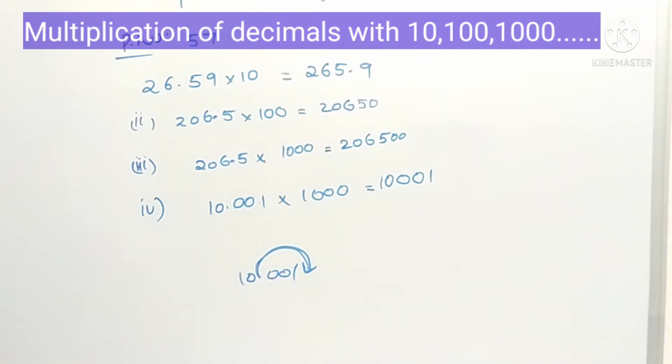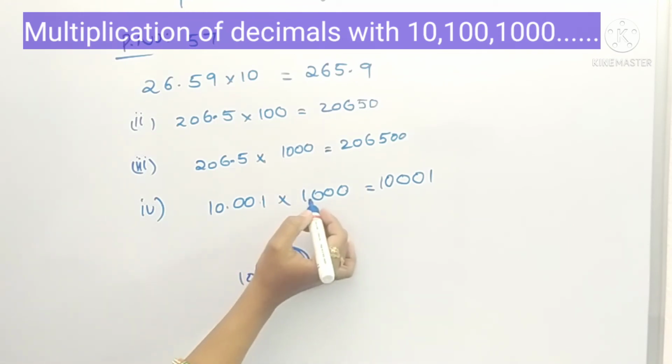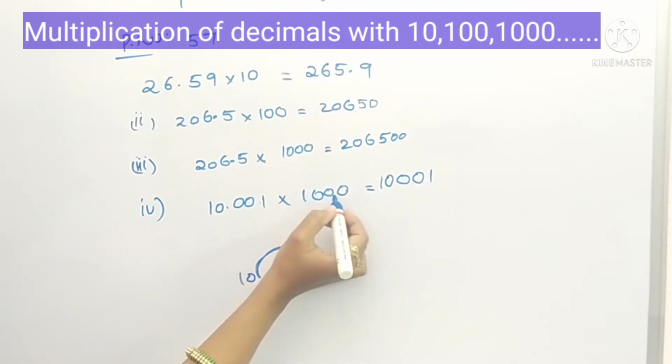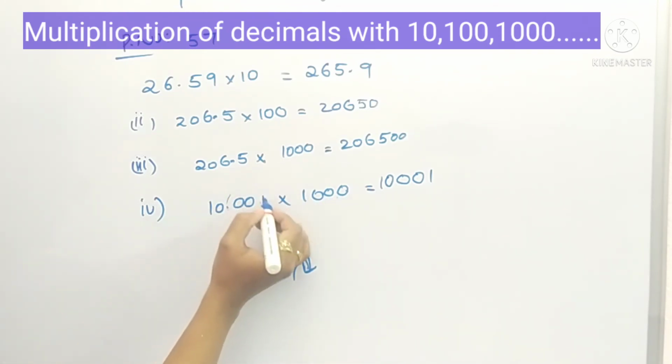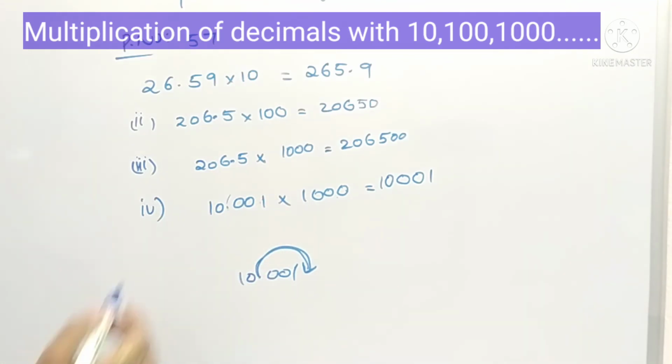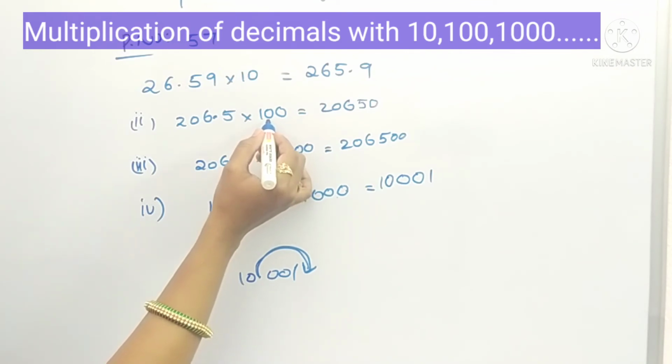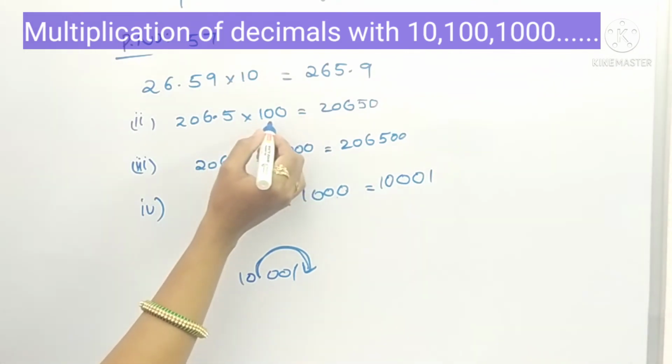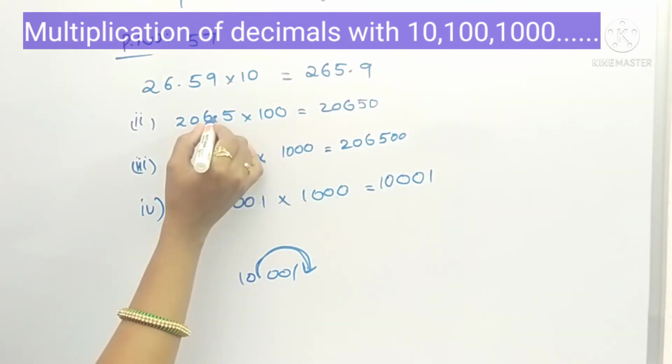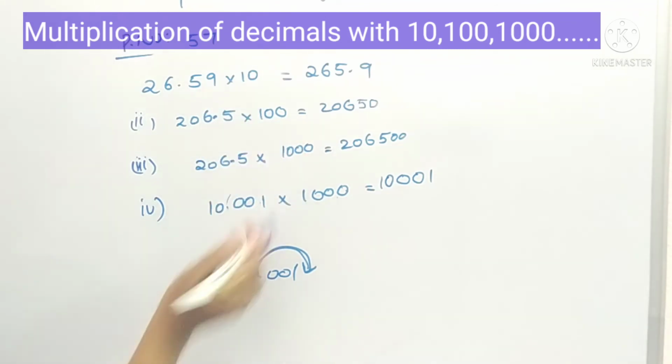That means if the number of zeros after 1 is 3, the decimal point moves right 3 digits, 3 times. And if the number of zeros after 1 is 2, then the decimal point shifts 2 digits to the right. Okay.